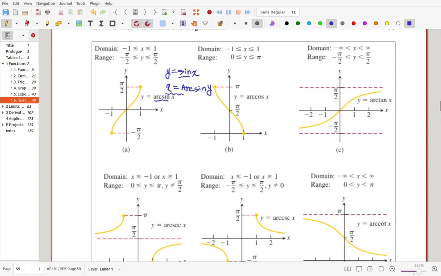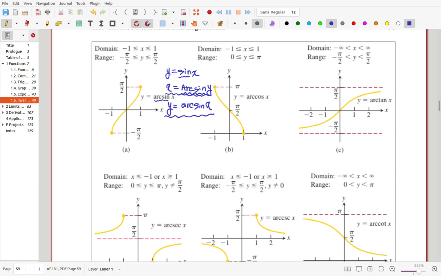With the introduction of arcsine, we solved for x, and now exchanging x and y, y is the same as arcsine x. So we recheck that one. Once arc appears in front of sine, it is the inverse function of sine.